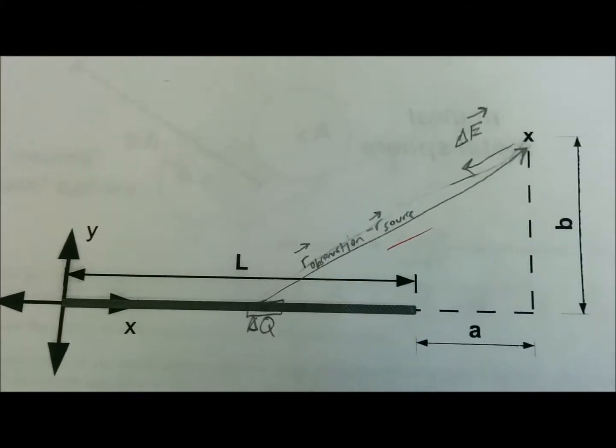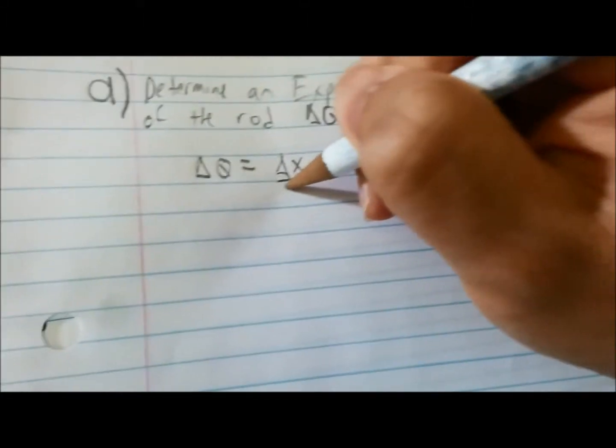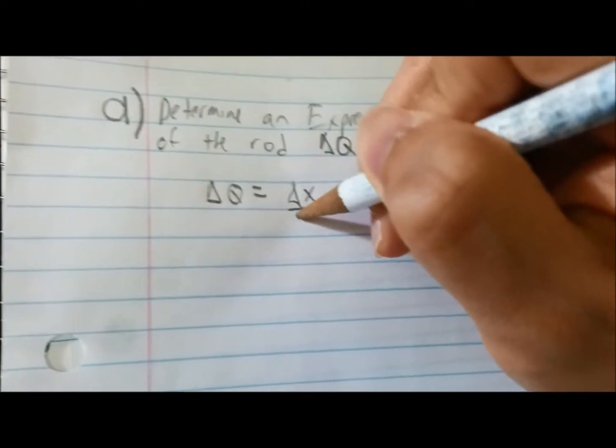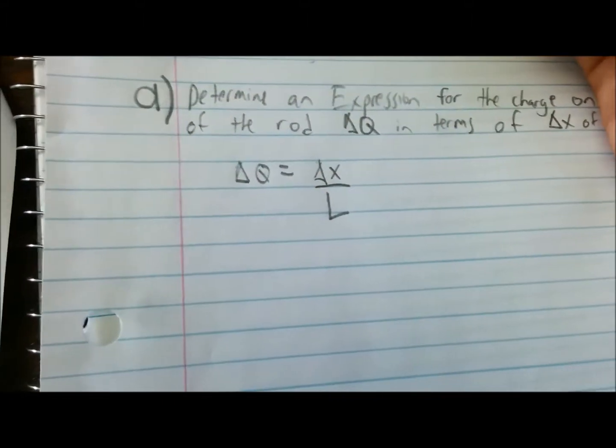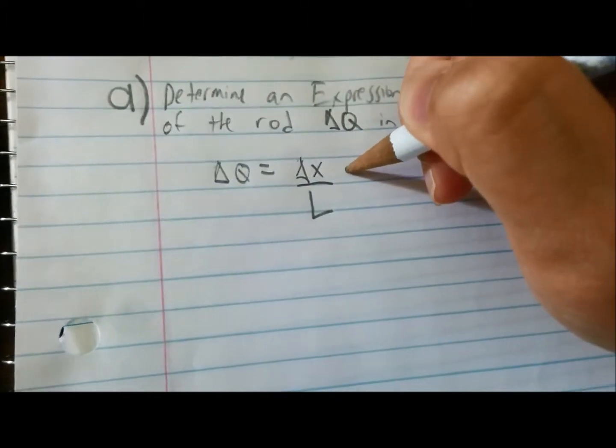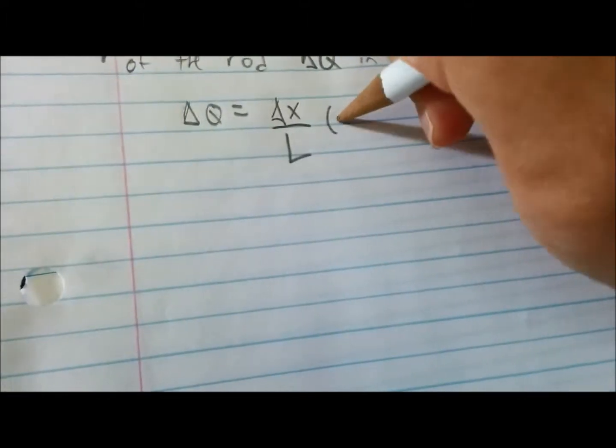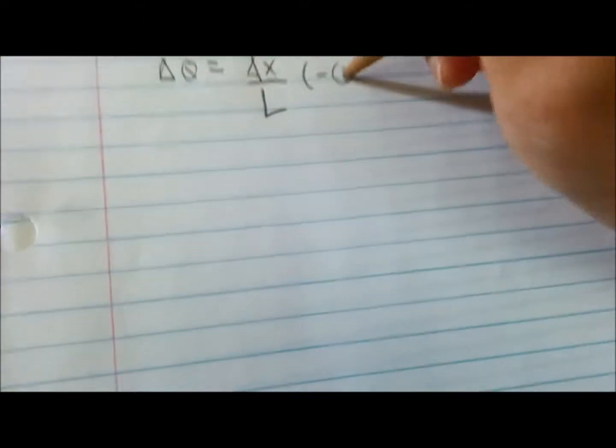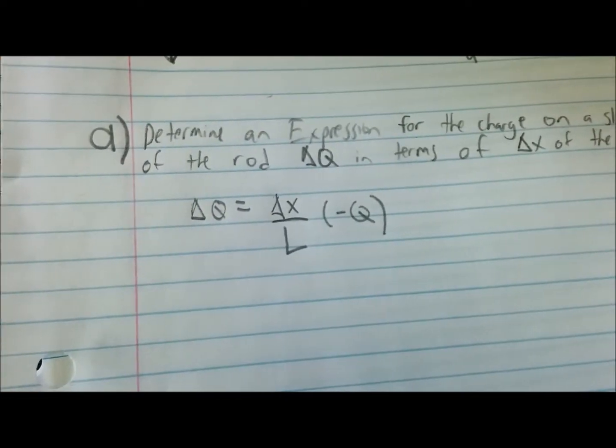In this case, the whole thing is L. And this is a very thin rod, so you don't need to account for the area, so just L. And then times that by the whole charge, which is negative Q. And that's all for the first part.